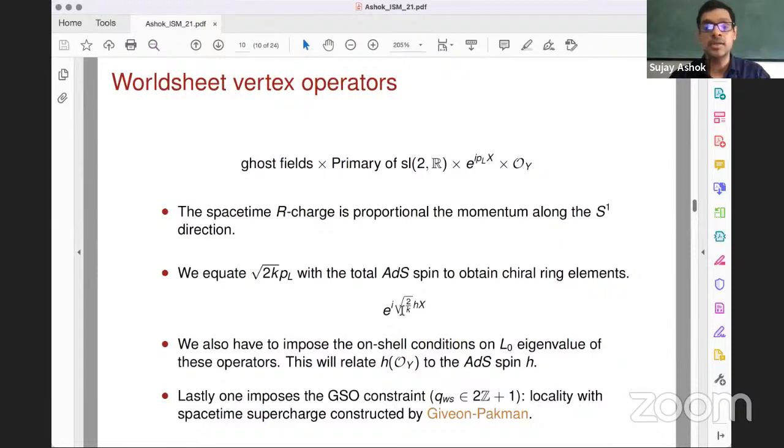So you have to set L0 equal to one half for the superstring, or 1 for the bosonic, for the matter part. This will fix the dimension of the operator on Y, again in terms of the AdS3 spin. So what I'm trying to say is that the worldsheet operator that corresponds to a boundary chiral ring element is completely fixed by the AdS3 spin. And then one has to impose the GSO constraint, which means locality with respect to the spacetime supercharges. And once we have this, we are almost there.